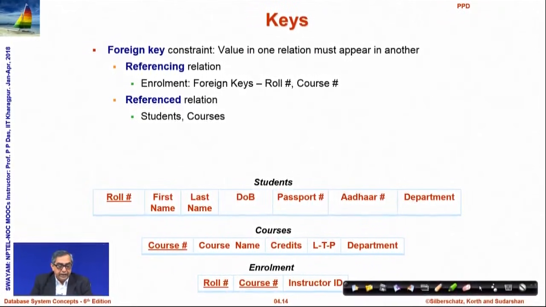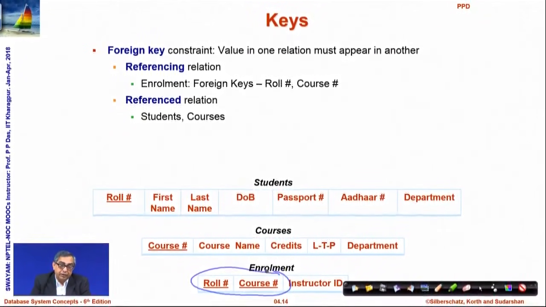Given this, you can see that in the enrollment relationship, I have this pair roll number and course number, which will certainly be the key for enrollment, because if I have two rows in enrollment, how will they be distinguished? They cannot be distinguished by roll number, because a particular student may take multiple courses.